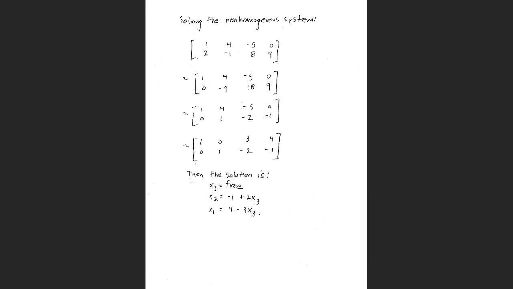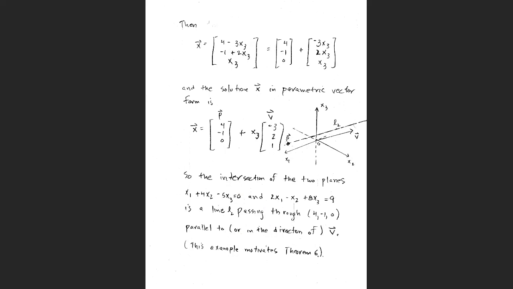For the non-homogeneous system, in parametric vector form, the solution was a vector p plus x3 times v. Okay, so that being said, now let me go right to the book.